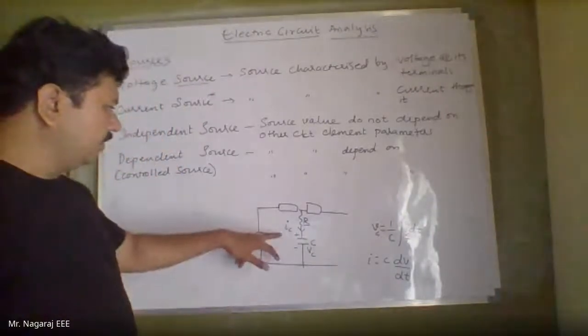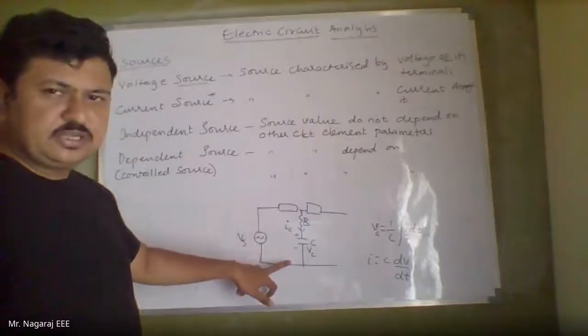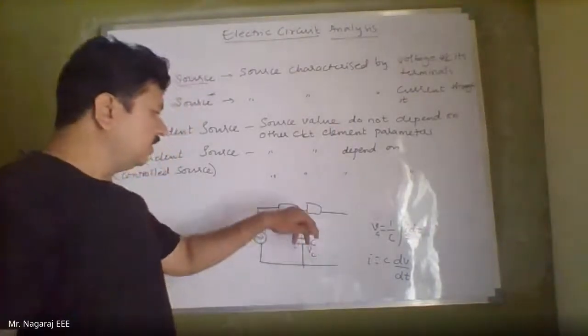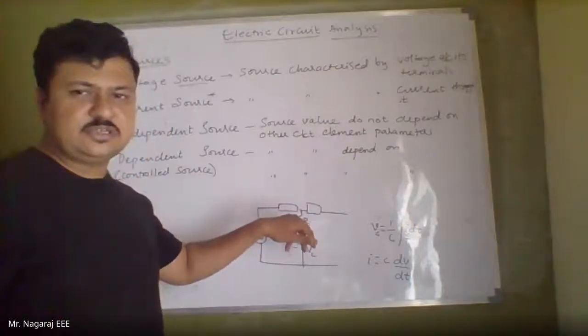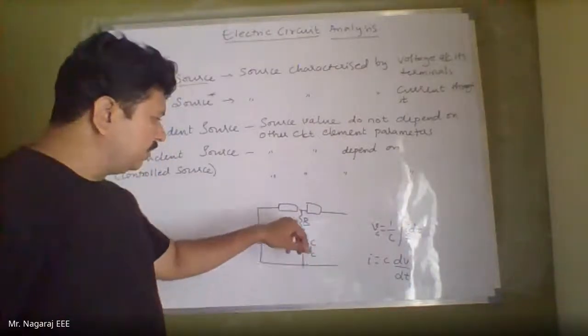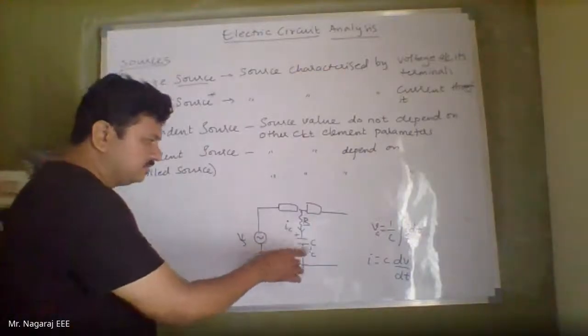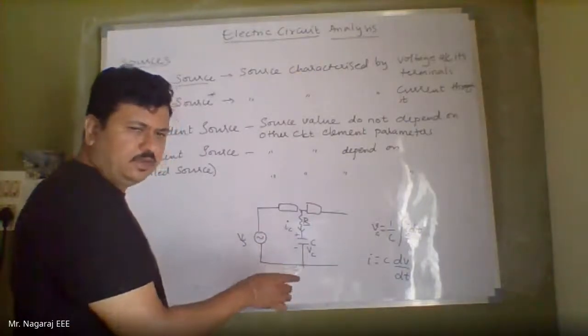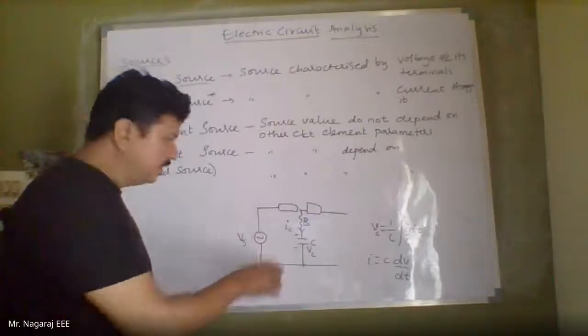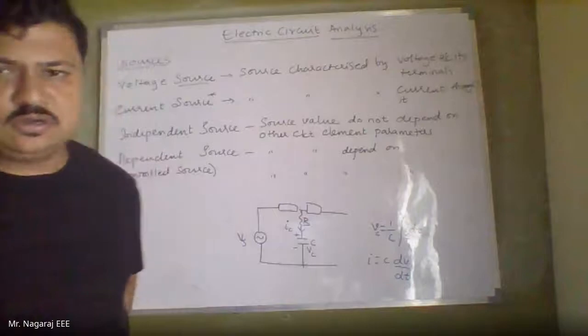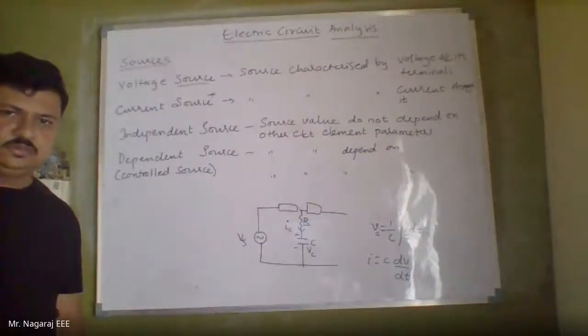Therefore the source value of this element depends upon a parameter through some other element. That is called a dependent source or controlled source.